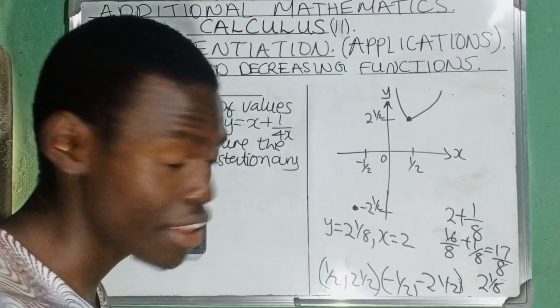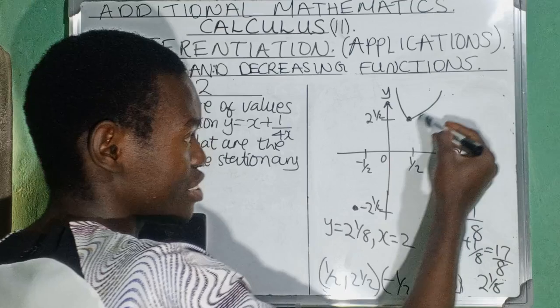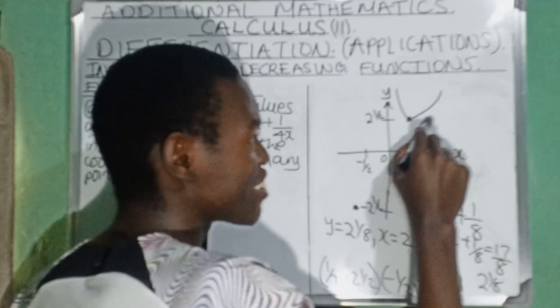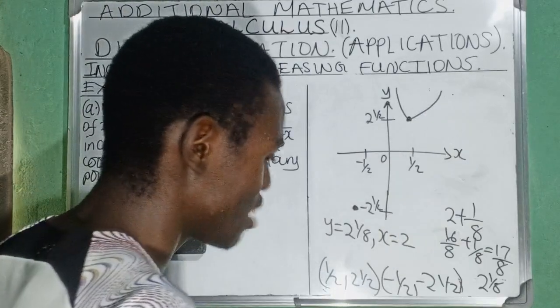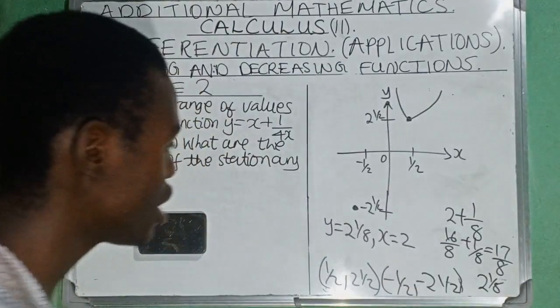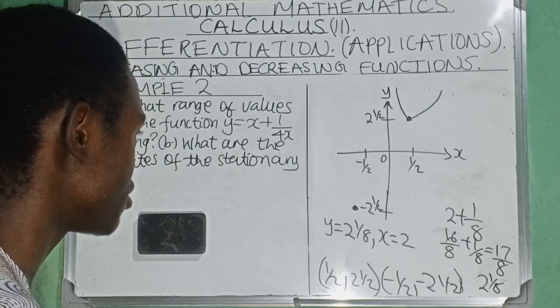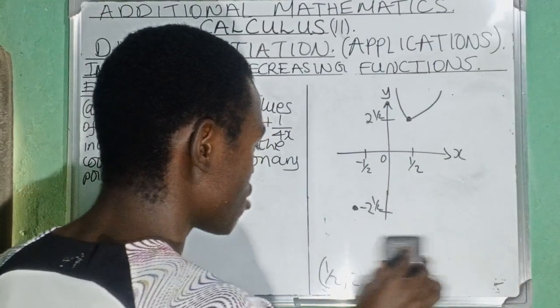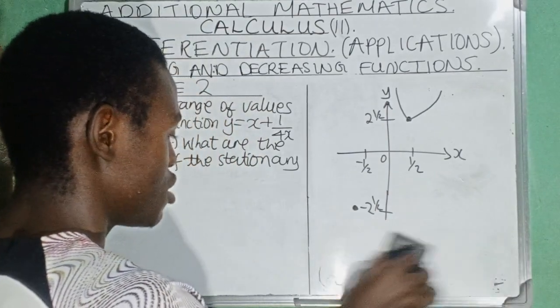It's just increasing, but the x values are reducing. It also means that the y values are increasing. That's what I want you to look at. And then if you check this other stationary point here, I wanted you to understand that. That's why I was answering very fast so that I can give a long explanation.